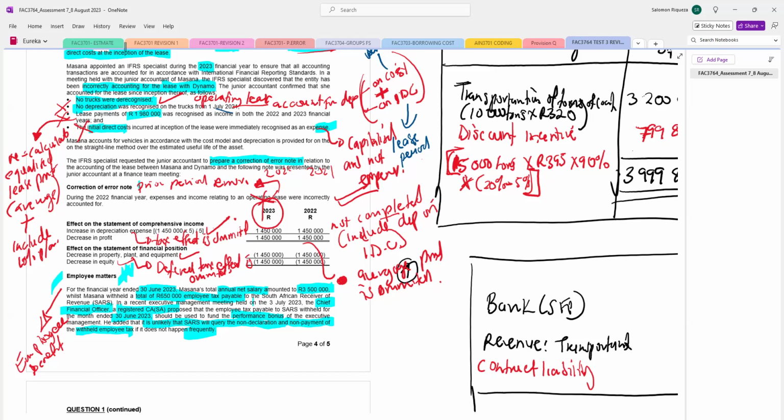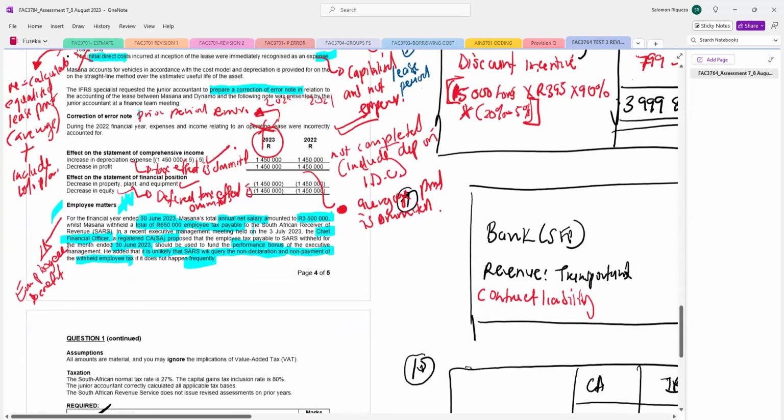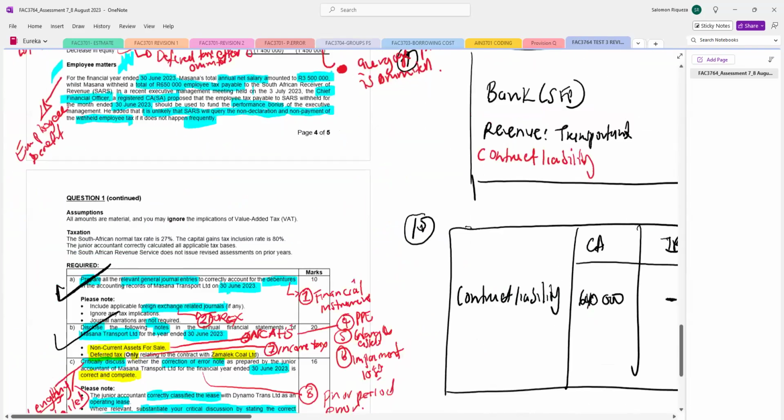And then because it's a once-off, not frequently done, we can get away with it. SARS may probably not fight us or notice. Okay, so that's what's happening here. And those are the questions that they're asking you now, to give the ethical concerns of this person who is meant to know a lot because he's a CA, is the one advising the company to do so.